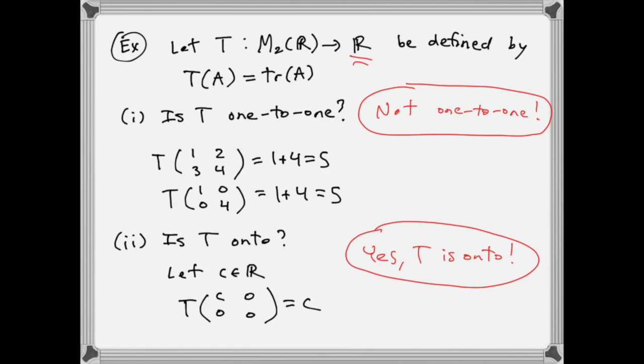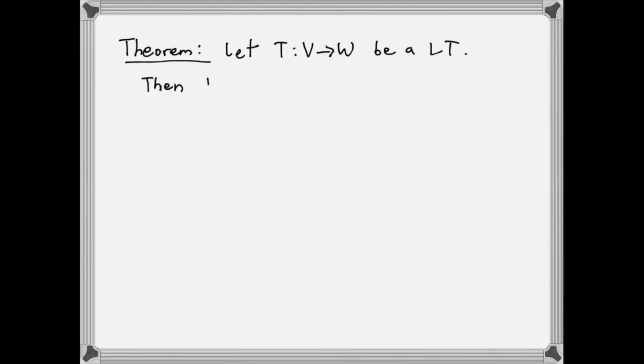Okay. All right, so we now need another theorem. So let's let T, which goes from V to W, be a linear transformation. This is one of the most important ways of checking that T is 1-to-1.